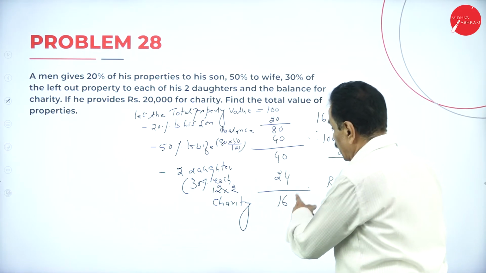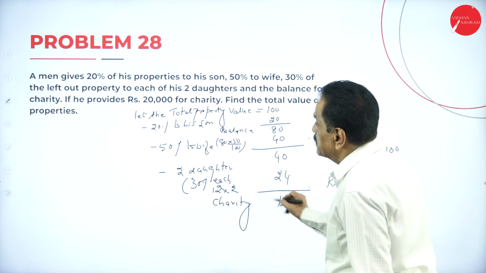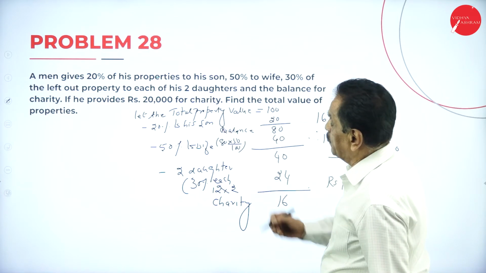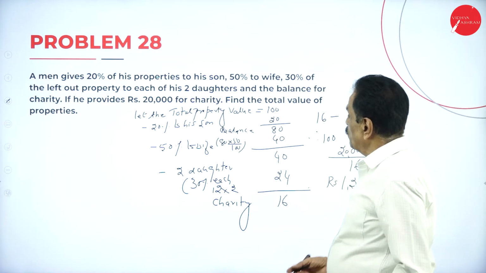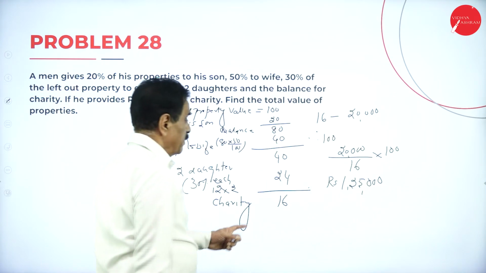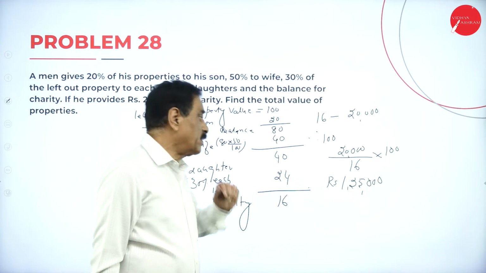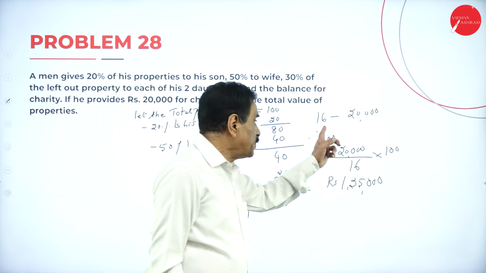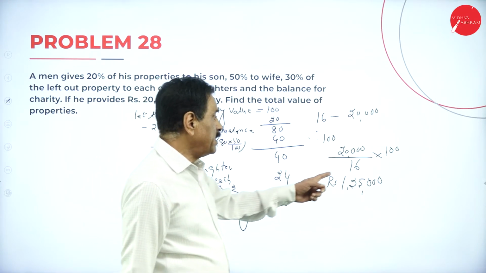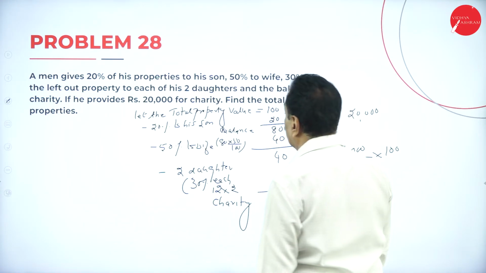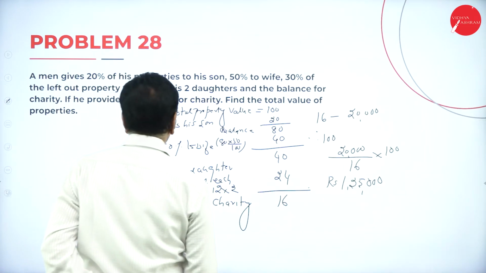So 16 is left over for charity. If we first find the total value of the property, 1,25,000 is their property. 16 is equal to 20,000 and 100 is equal to 1,25,000. That's the total property.